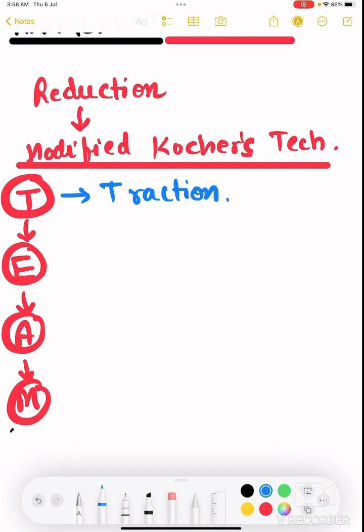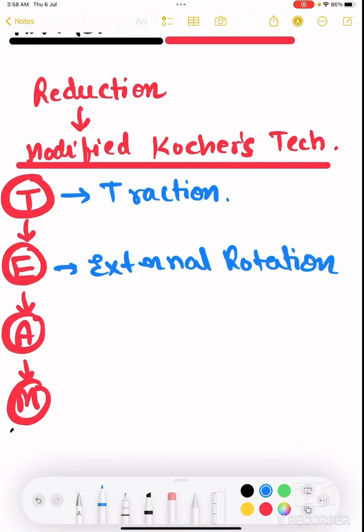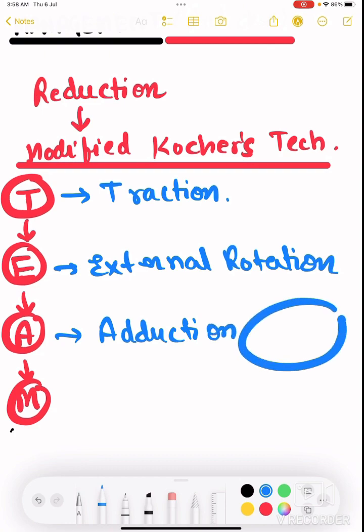Very important and very easy. E stands for external rotation. Now A stands for adduction, very important, and it doesn't stand for abduction, right? Extremely important, you have to remember it.